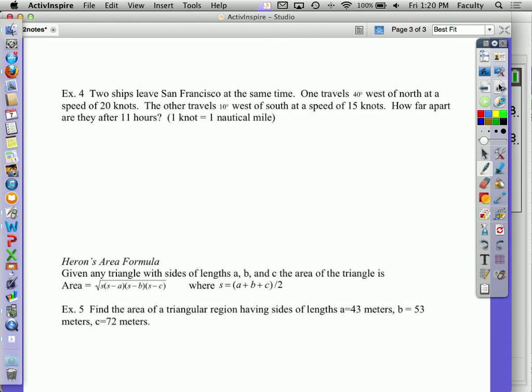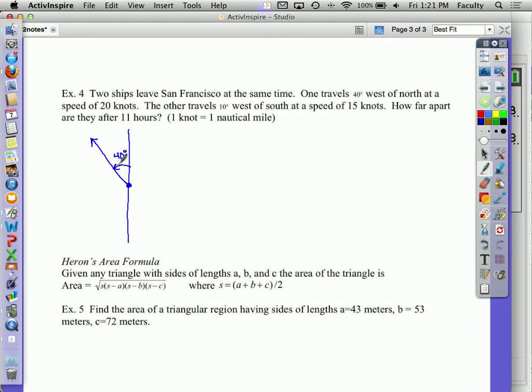So remember, 1 knot is equal to 1 nautical mile per hour. So let's draw a north-south pole, and this dot will represent where the ships are starting. The first one is 40 degrees west of north. Okay, so it's 40 degrees west of the north line.